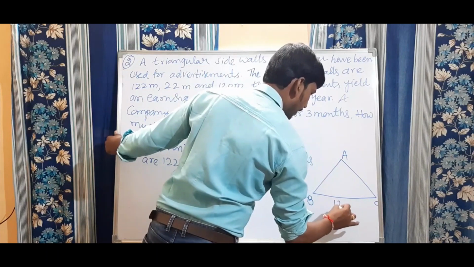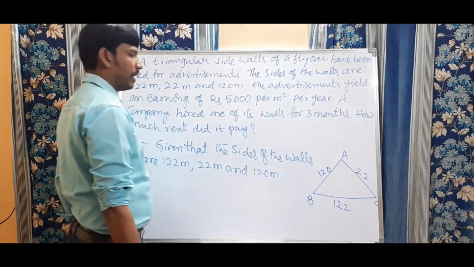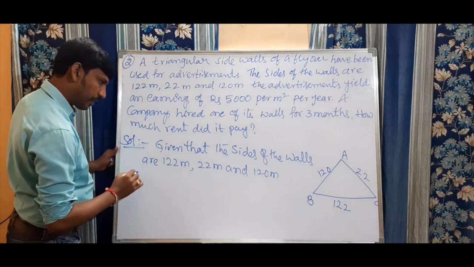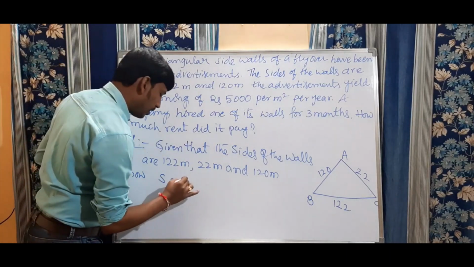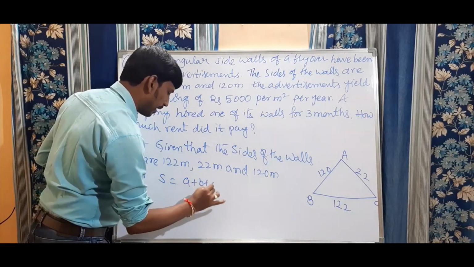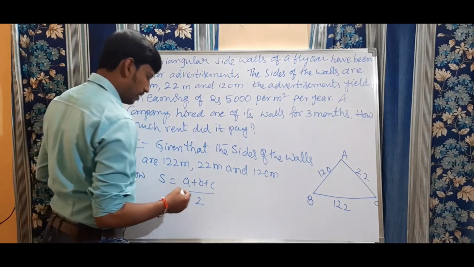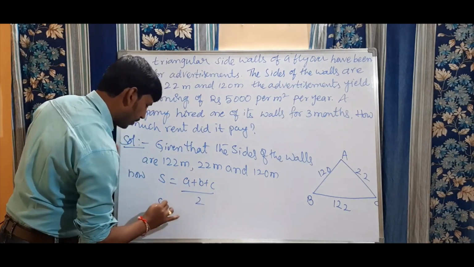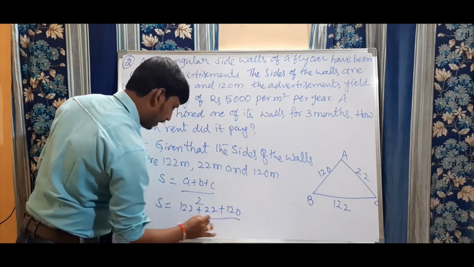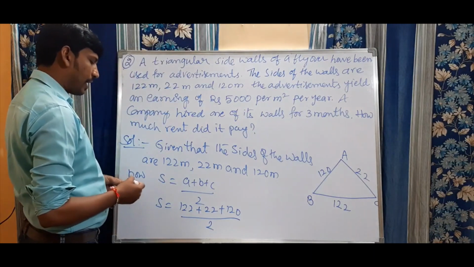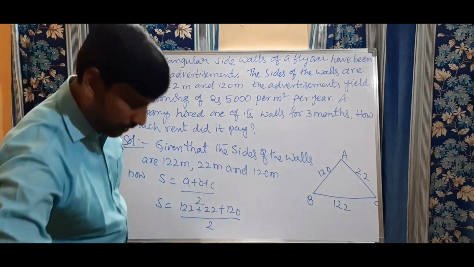So here this is 122, this is 22 and this is 120 meters. Clear? So here the semi-perimeter s is equal to, what is the s value? That is a plus b plus c by 2. Here this is the a value, b value, c value. Clear? Now s is equal to 122 plus 22 plus 120 divided by 2. Now what is the value here? 122 plus 22 plus 120. Can anyone tell? What will be the answer here?